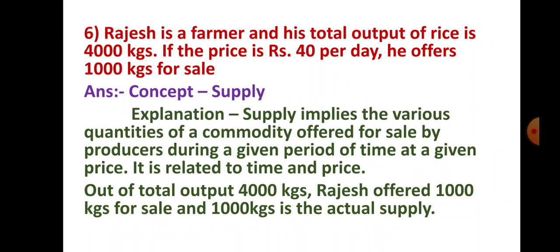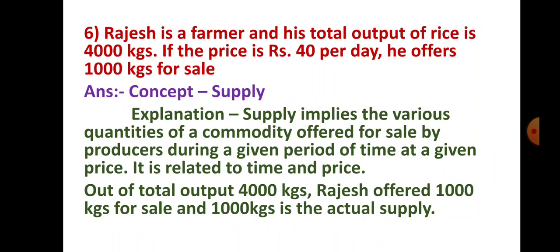Now let us see the next illustration. Rajesh is a farmer and his total output of rice is 4000 kg. If the price is rupees 40 per day, he offers 1000 kg for sale. So what is the concept here? Here the concept is supply, and after that you have to explain what is supply.